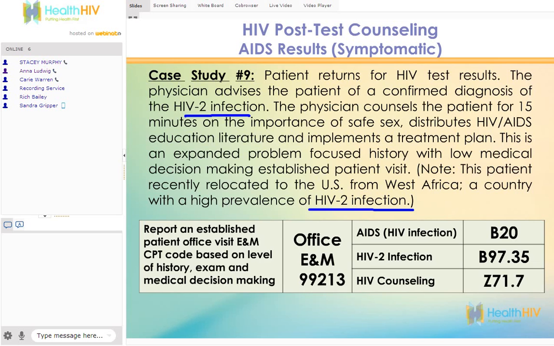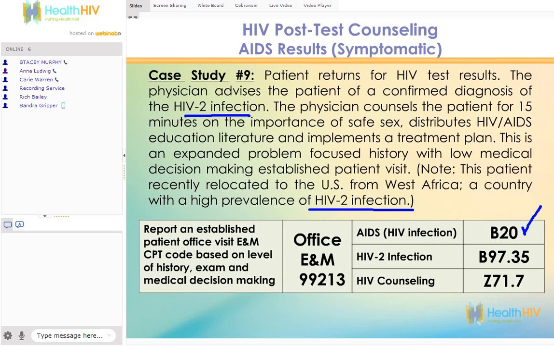So keep in mind that you may get patients from other countries that come into the U.S. to visit family members, or they may relocate to the U.S. And so, keeping in mind that situation, you may have to provide care to a patient that has the HIV-2 infection. So the principal diagnosis is always going to be B20.